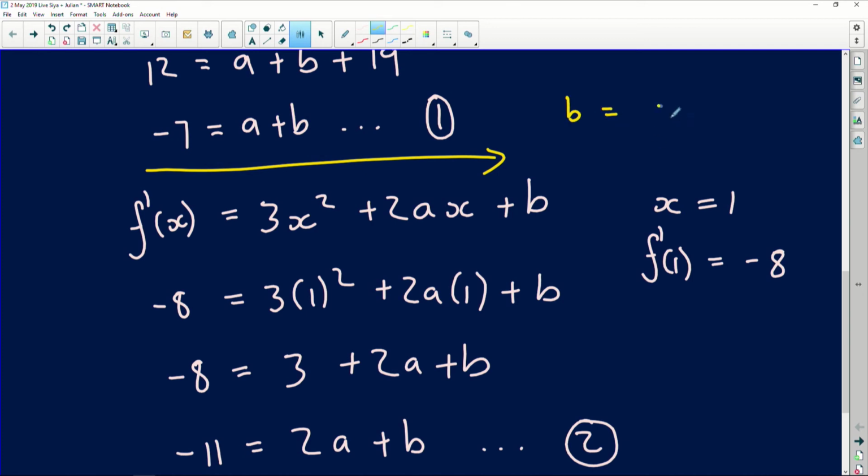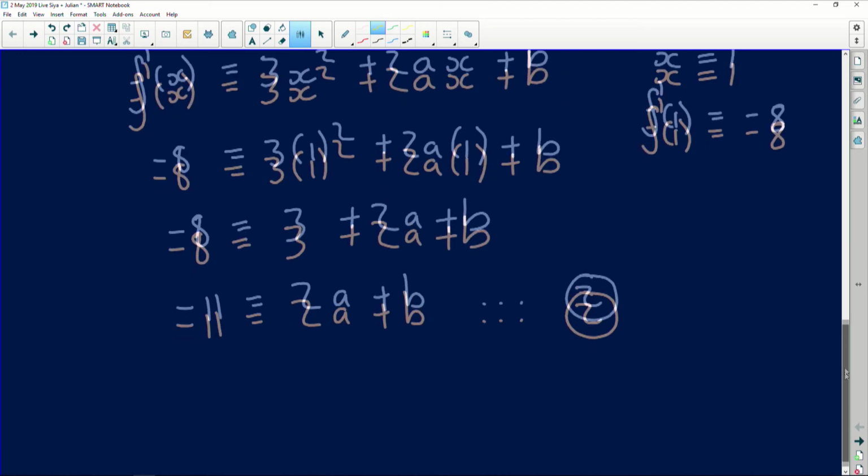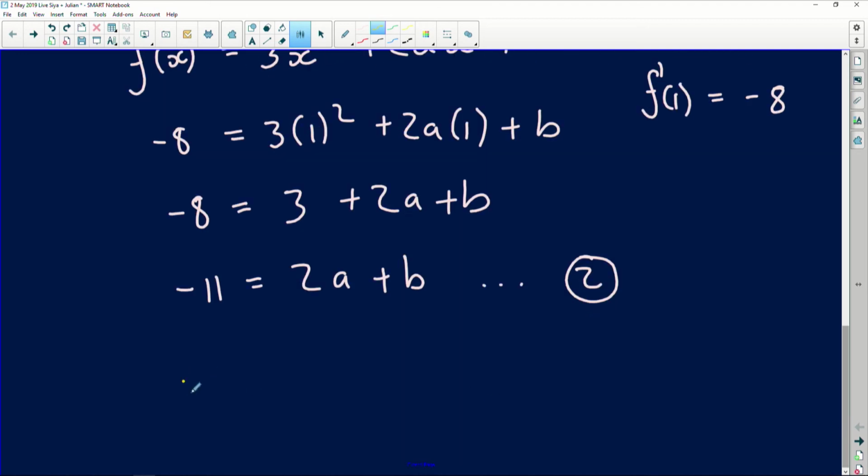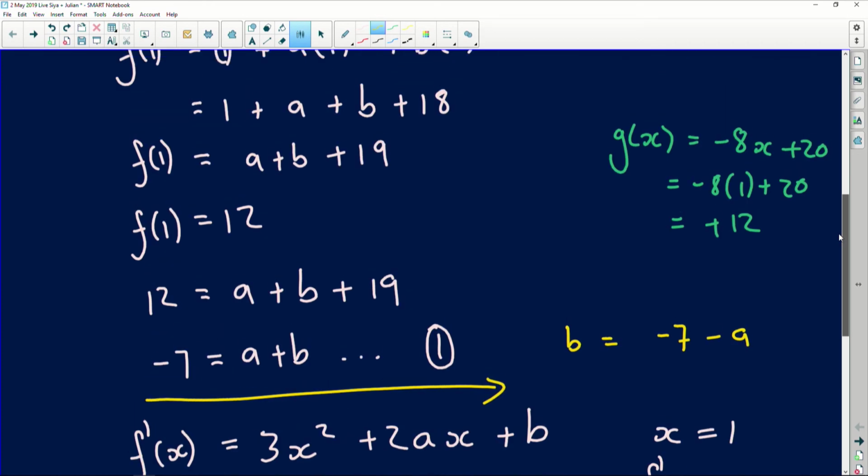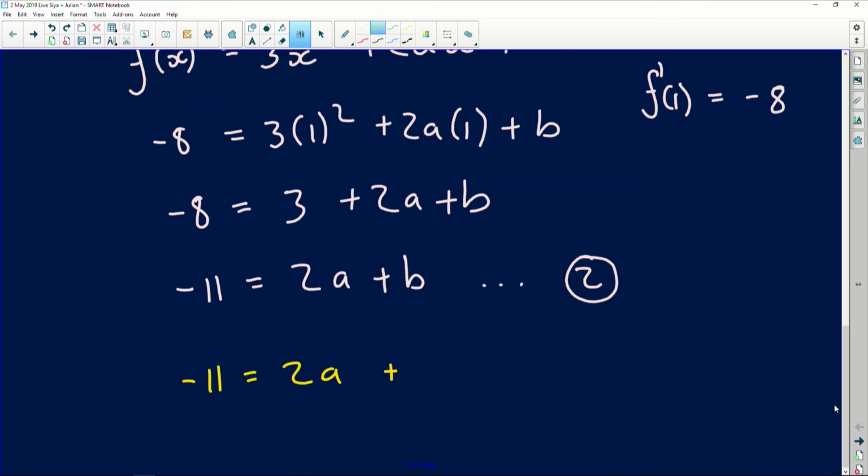From my first equation, b is equal to negative 7 minus a. And we're going to substitute this into my second equation. So we get negative 11 is equal to 2a plus negative 7 minus a.